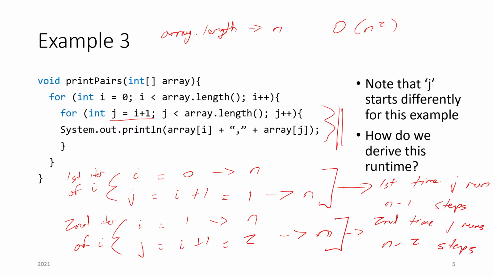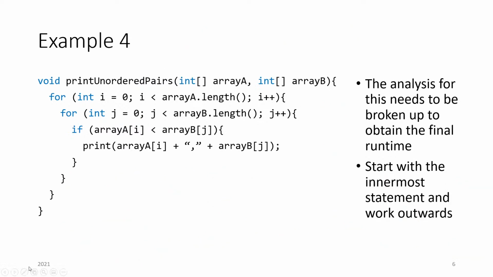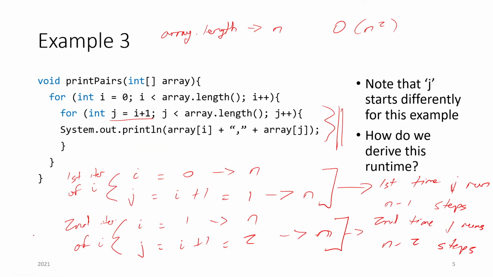So what that means here is that for each one of those iterations, taking the i loop into consideration, for each time the j loop is going to be executed, our total number of steps will be n minus 1 plus n minus 2 plus n minus 3 plus dot dot dot plus 3 plus 2 plus 1.